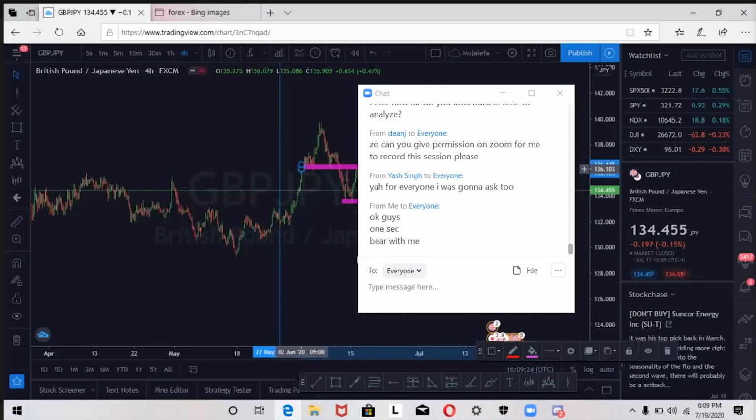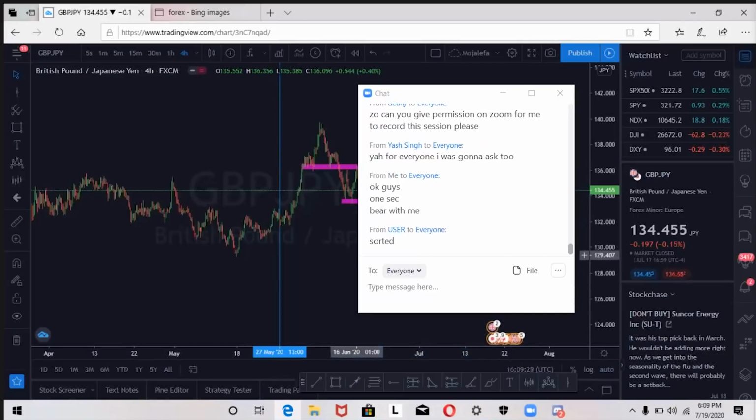Remember, these zones don't have to be a line, because you're gonna miss certain bars or candlesticks. So basically, they have to be a zone. Get what I'm saying? So I have another zone here.